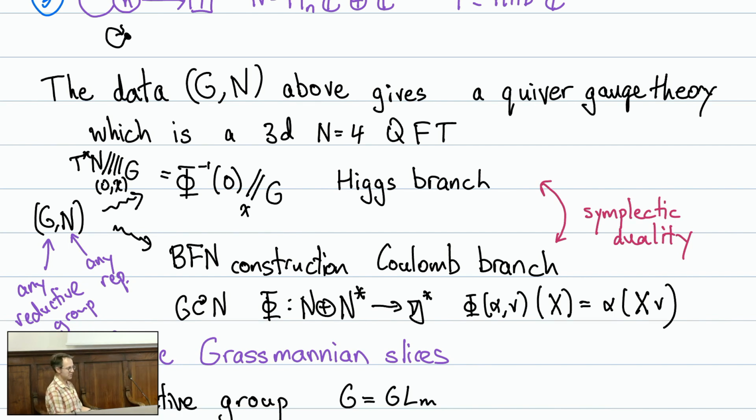For example, you could take n to be the trivial representation. From the Higgs viewpoint, it looks like a very weird thing to do. You get something both very derived and very stacky, because you take the zero level of a map, which is some kind of derived thing to do, and then you have something stacky because G acts in a weird way.